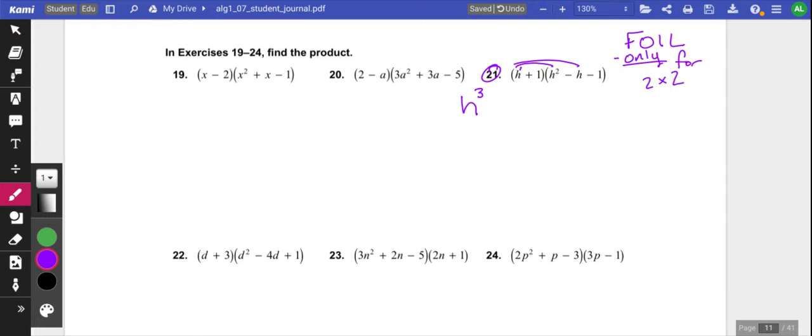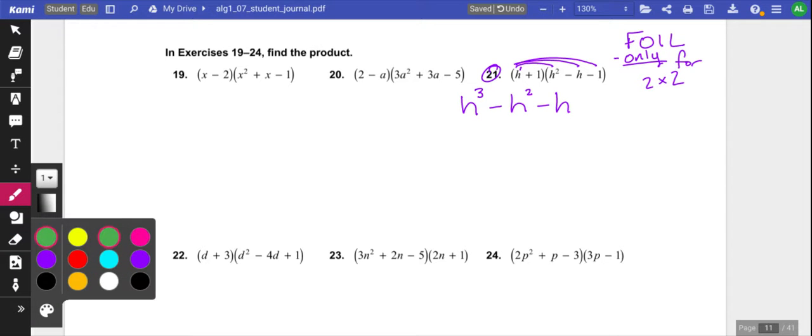Well, I know h times h is h squared, so that's just going to be negative h squared. This is really when you get tested on all your exponent rules and sign rules and all that fun stuff with multiplication, right? And then h times negative 1, I'm going to get negative h. Then moving on, I'm going to do the same thing with the 1 as well.